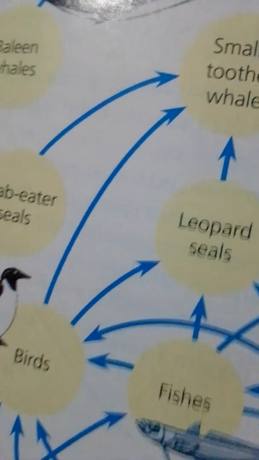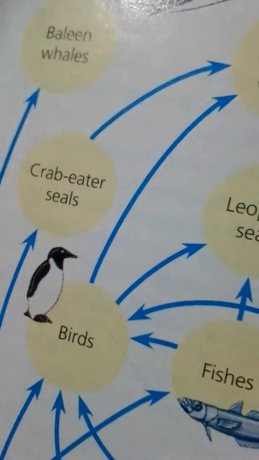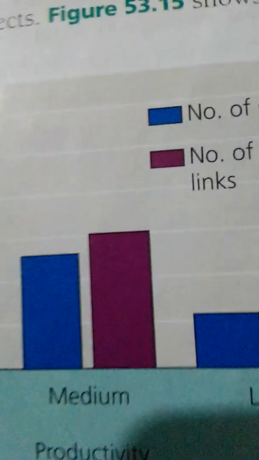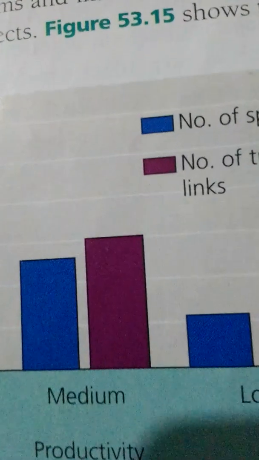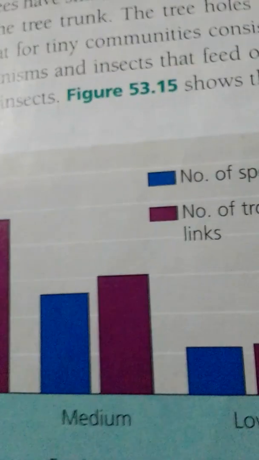Thus, a producer level consisting of 100 kg of plant material can support about 10 kg of herbivore biomass and 1 kg of carnivore biomass. The energetic hypothesis predicts that food chains should be relatively longer in habitats of higher photosynthetic productivity, since the starting amount of energy is greater.